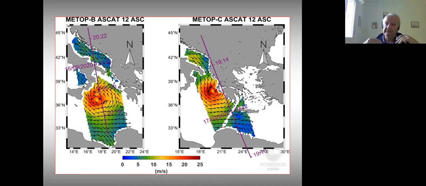There is another very important aspect of these scatterometer wind measurements: they give very high spatial resolution, on the order of 12 kilometers, which gives us the possibility to resolve all the small scales in the atmosphere.